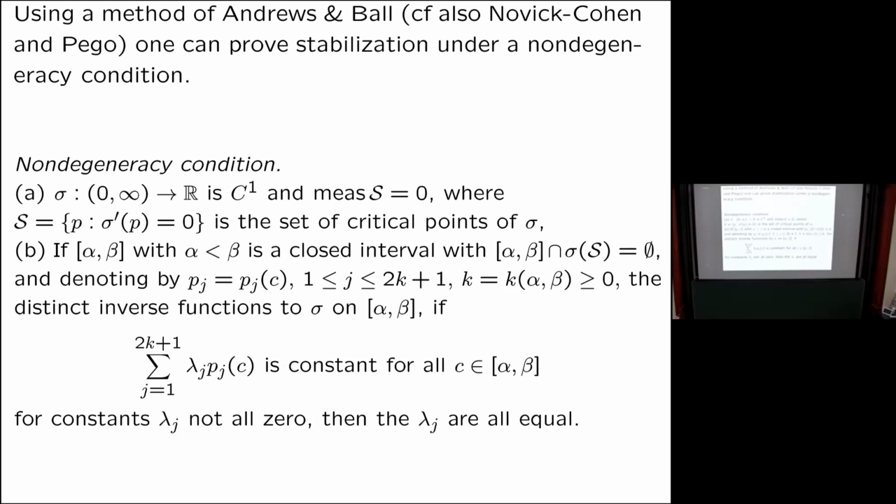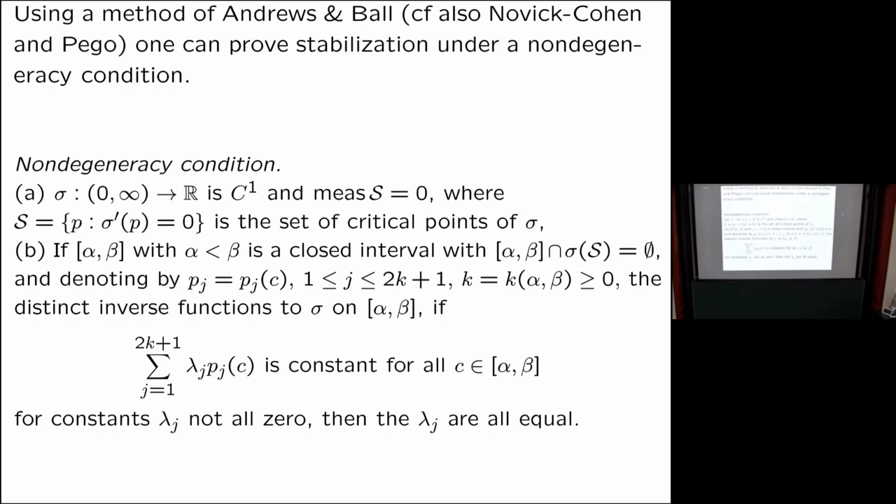So sigma is going to be C1, and the measure of the set of critical points is 0, where S is P with sigma prime is 0.